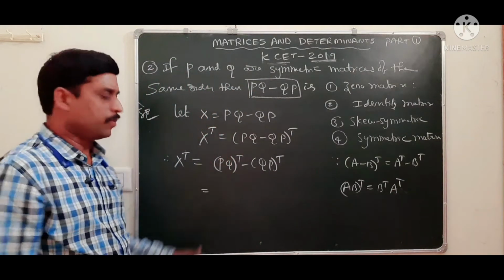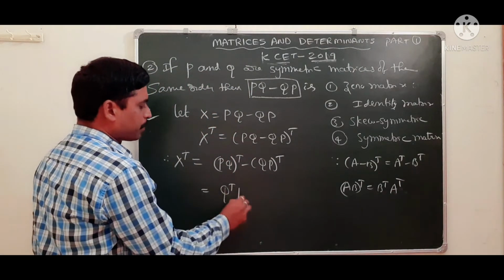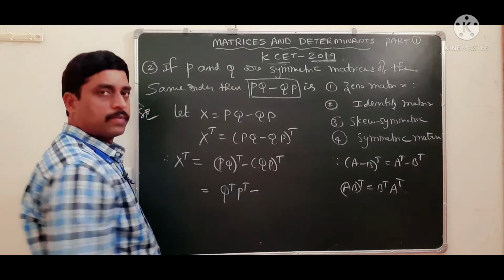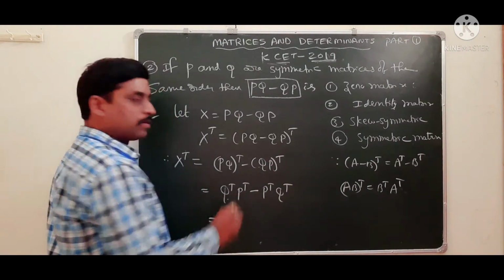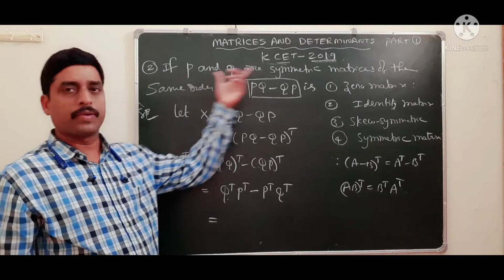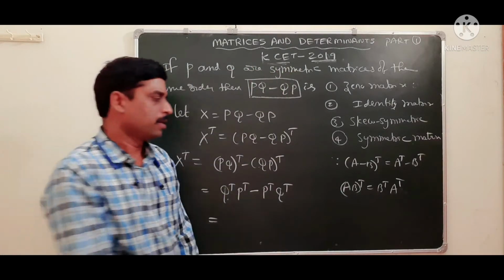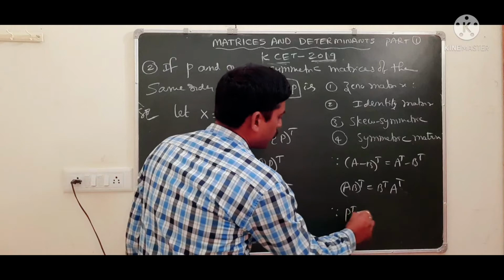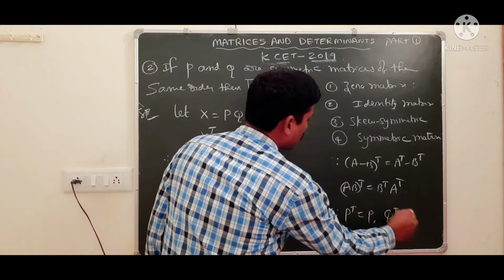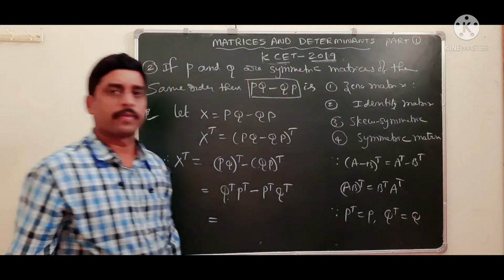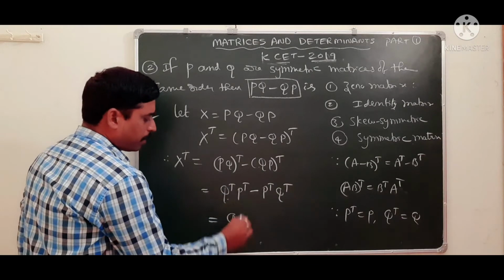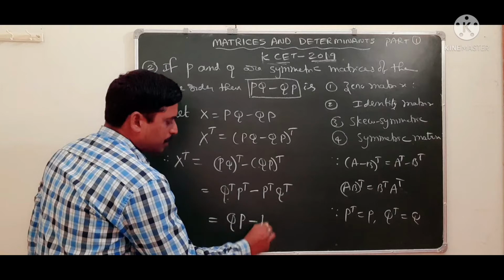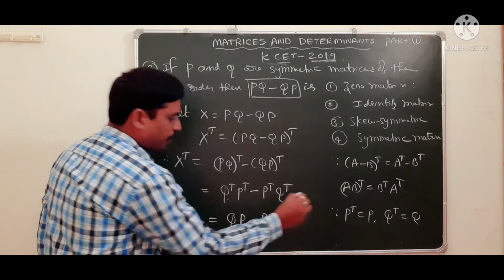So this value is going to be Q transpose into P transpose, minus P transpose into Q transpose. From the statement, P and Q are symmetric matrices. Therefore P transpose is equal to P and Q transpose is equal to Q.